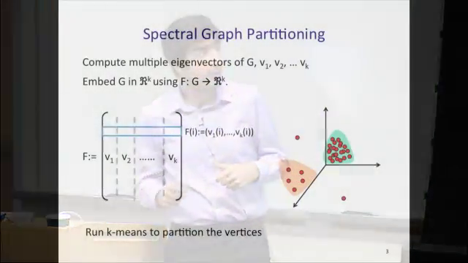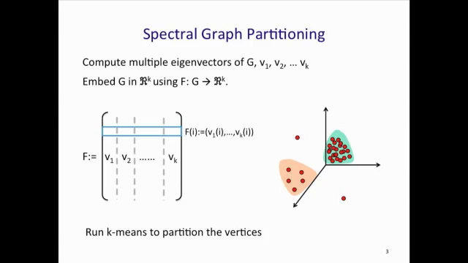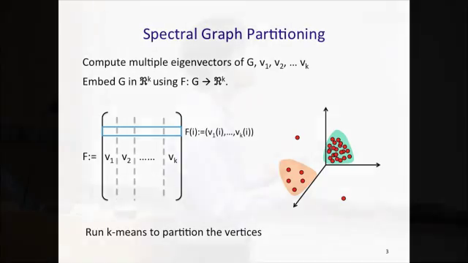Once we constructed the graph, we want to partition it. How can we partition this graph? We can use spectral graph partitioning algorithms. First, we compute multiple eigenvectors of the graph, say v1 up to vk. Then we use these eigenvectors to embed this graph in a k-dimensional space.